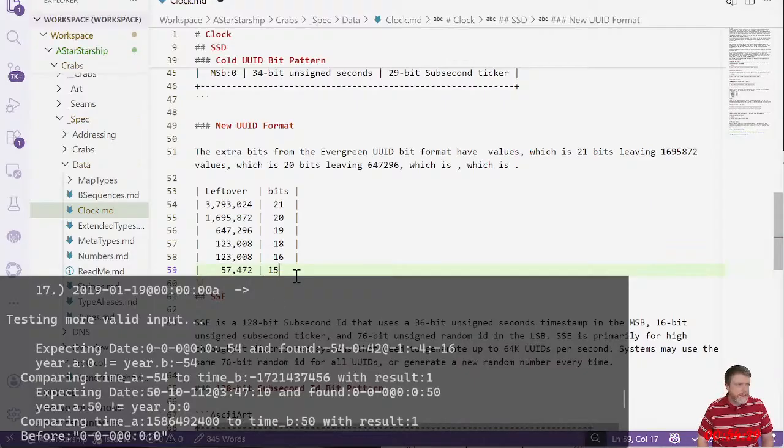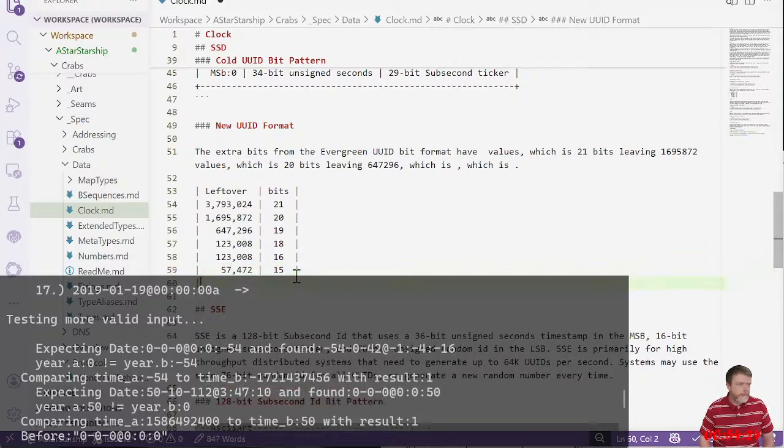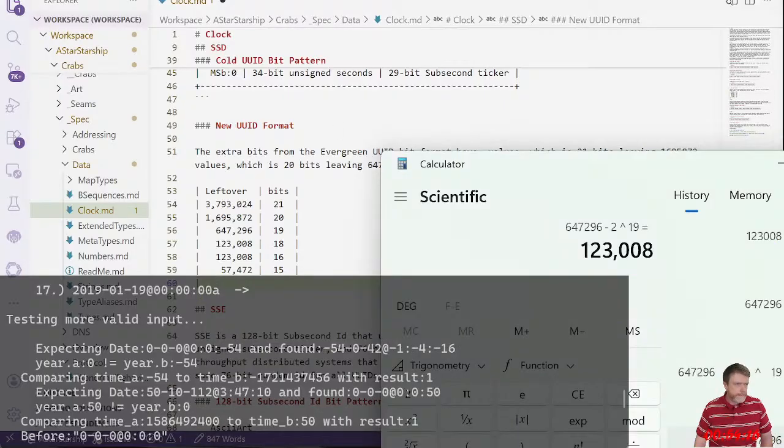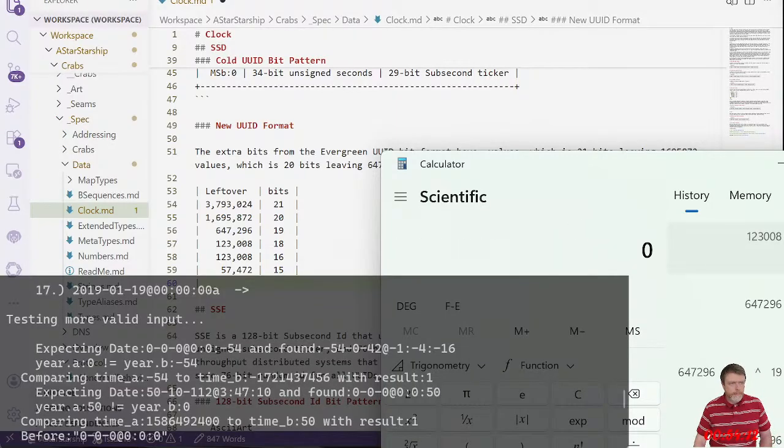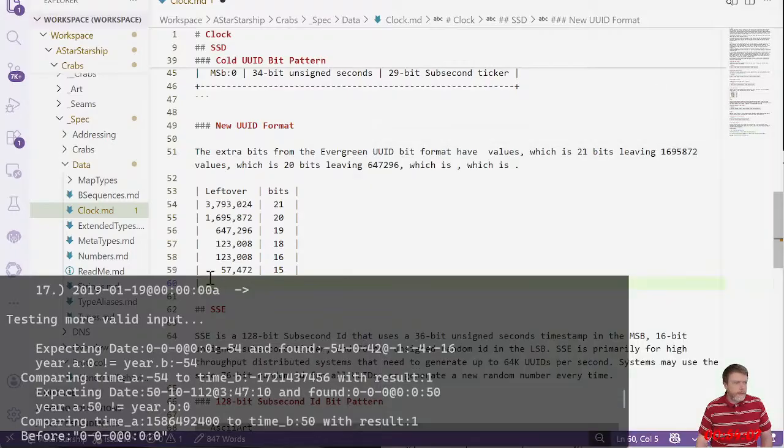I wonder how many more times it skips. Two to the 15. 14.